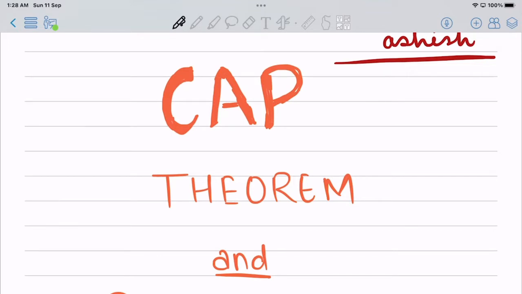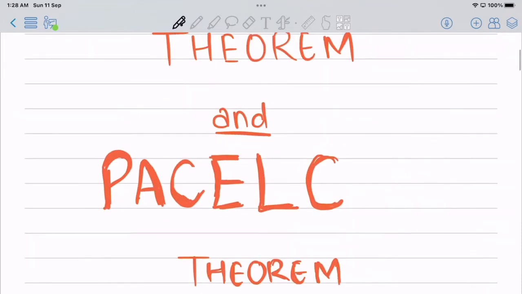CAP theorem is really important, and why it is important you will get to know. I'll also cover this extension in this particular video. So watch the whole video for clear concepts.